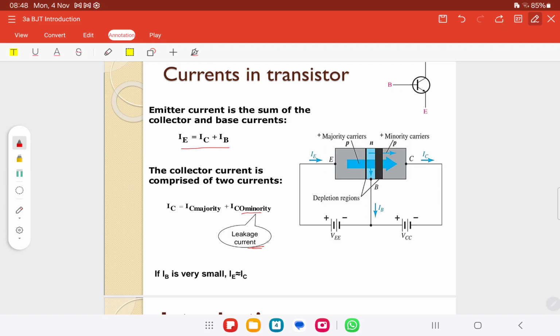This one is actually the drift current. It is the current that we ignore because the value is too small. Ideally it exists, in theory it exists, but in practice we are not considering its value, for the leakage current. Okay, the collector current comprises 2 currents, IC majority and IC minority.